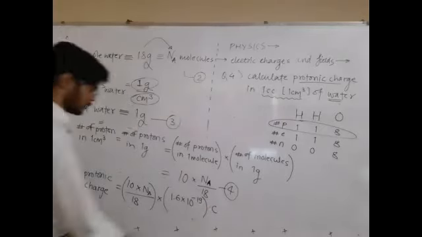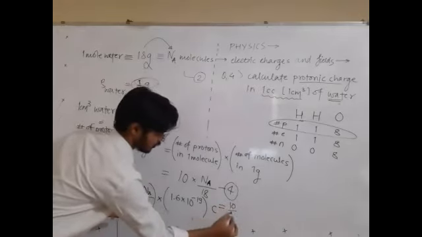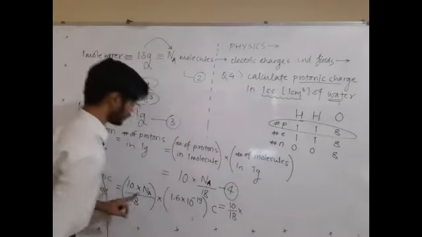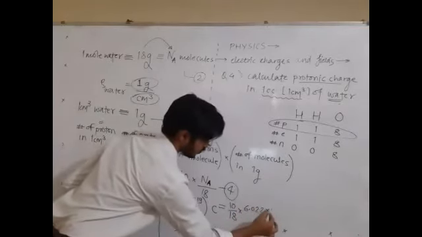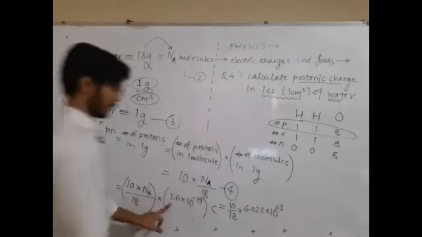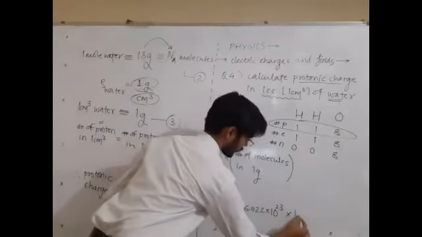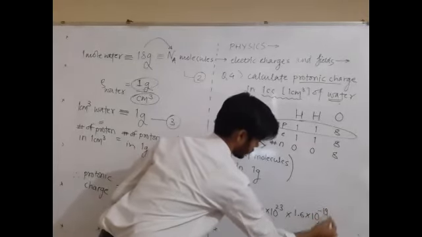Fine, sir. So what are the calculations you need to do? This calculation: 10 upon 18 into Avogadro number, 6.022 into 10 raised to 23, multiplied by 1.6 into 10 raised to minus 19.